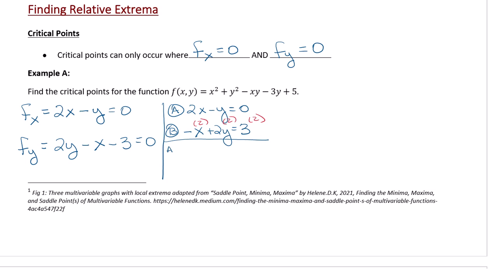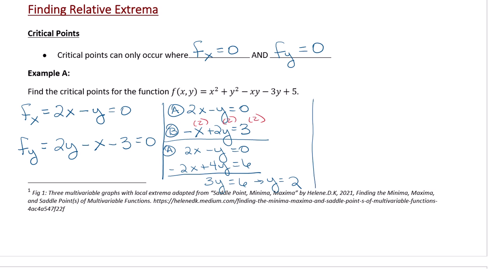So that would give us A: 2x minus y equals 0, and B: negative 2x plus 4y equals 6. Combining those terms now, we would get 3y equals 6, which gives us y equals 2.